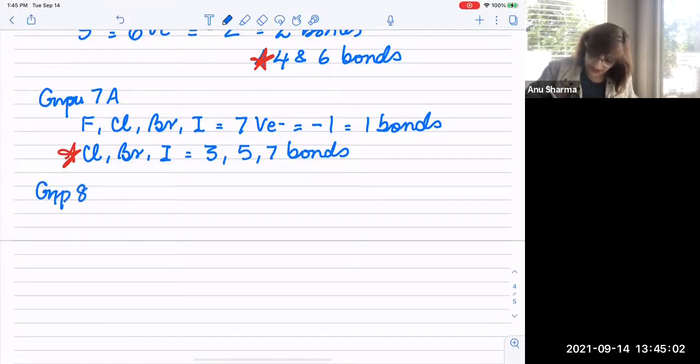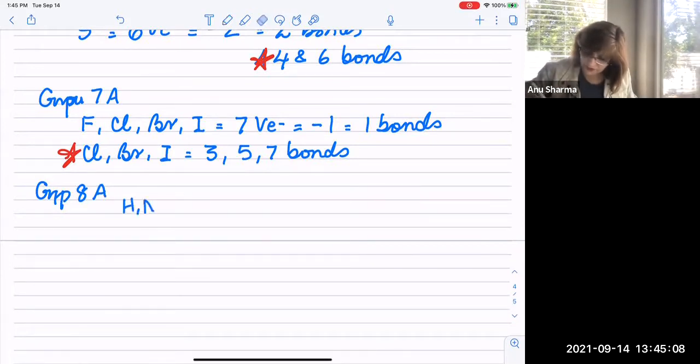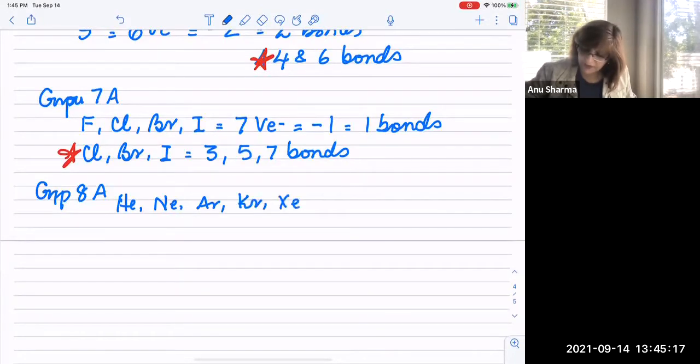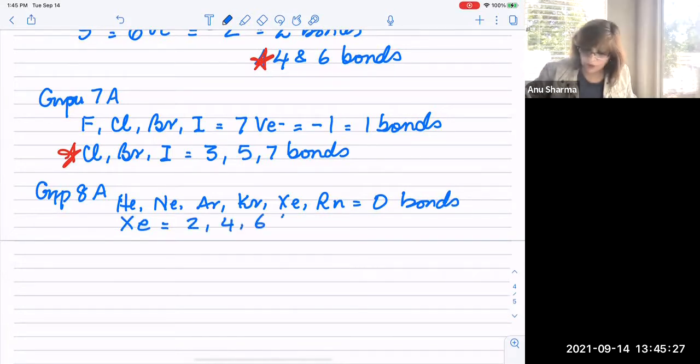Okay, now let's look at group 8A. We know in group 8A there is helium, neon, argon, krypton, xenon, and radon. And all of them make 0 bonds, no bonds. However, xenon is known to make 2, 4, and 6 bonds.